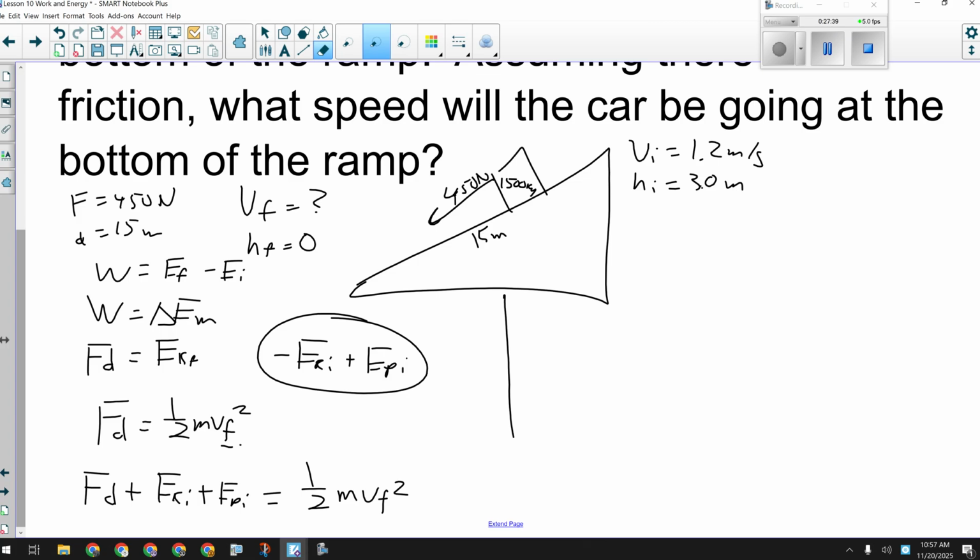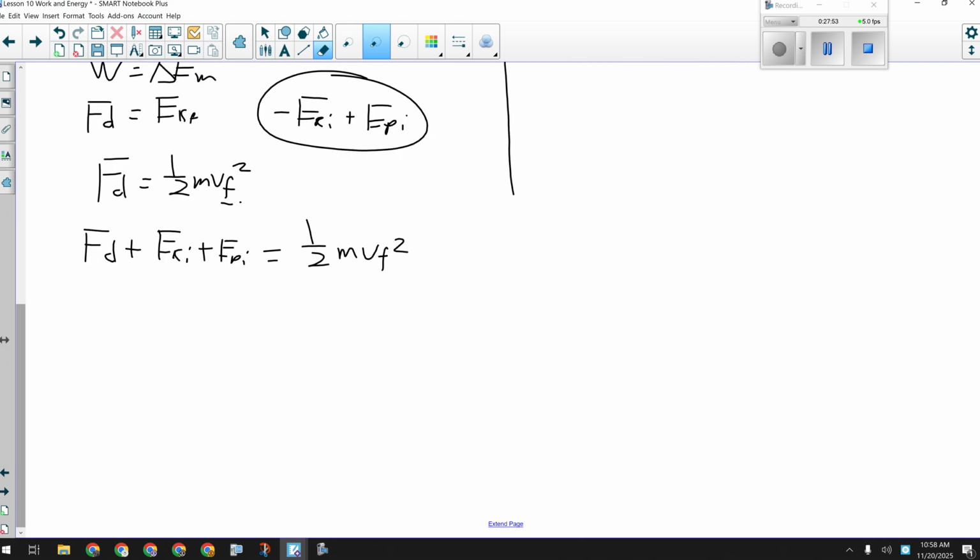Everybody okay with what I did there? The change in energy, work, plus the initial energy should equal the final energy. Initial plus change should equal final. Now, I just have to bring the 1/2 and the M over to this side, and I'll have VF alone and then square root.